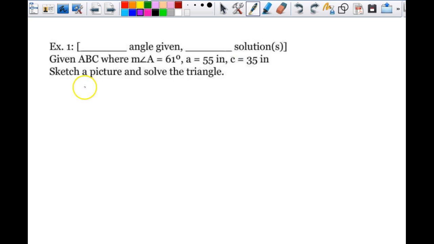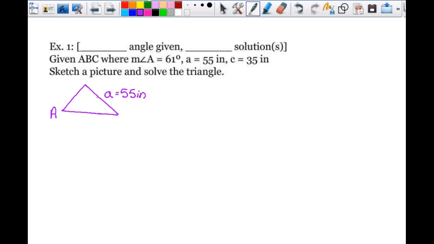It's not worth it. So here's my angle A. That's going to be 61 degrees. And little a is across from it. Normally, I wouldn't put the variable on here, like if it said x was 55, but I think it's helpful on these because then you can make sure that you know which one's little a and little b and little c.